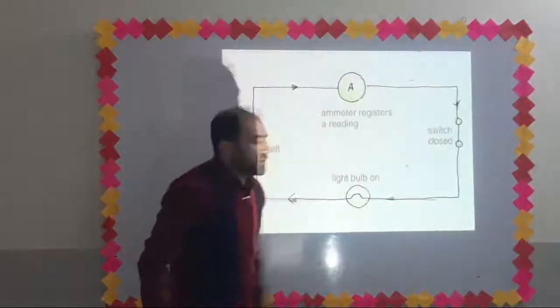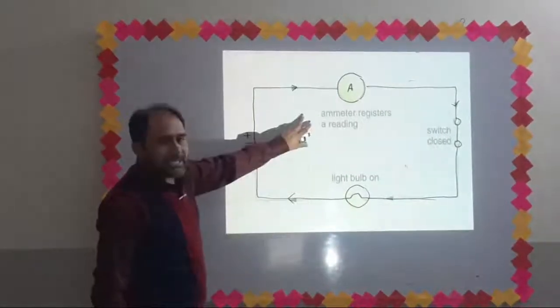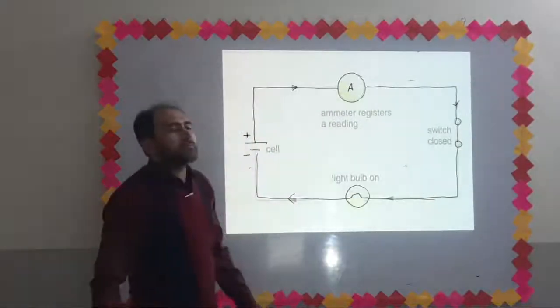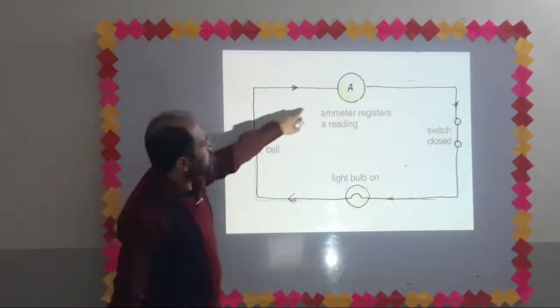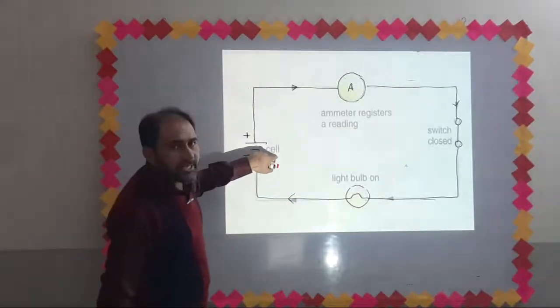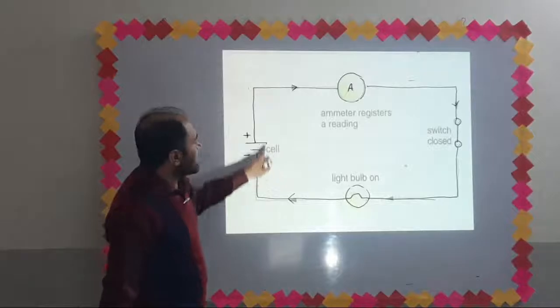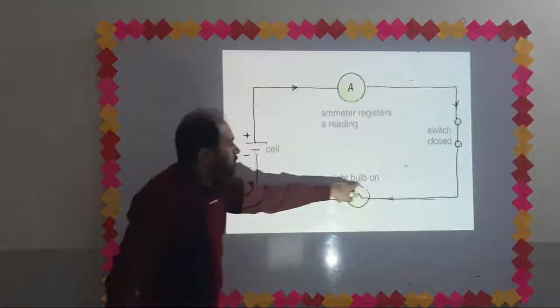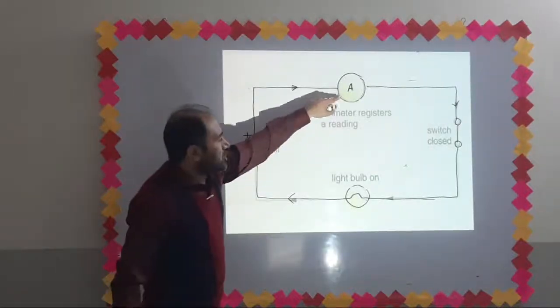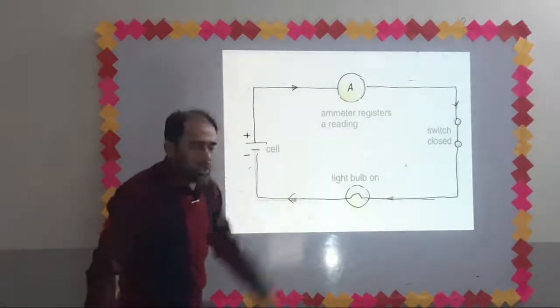This is a closed switch. The circuit in which there is a complete path for the continuous flow of charges is called a closed circuit. This is a closed circuit because the path for the flow of charges is complete. The ammeter will show the reading and the bulb will be on.